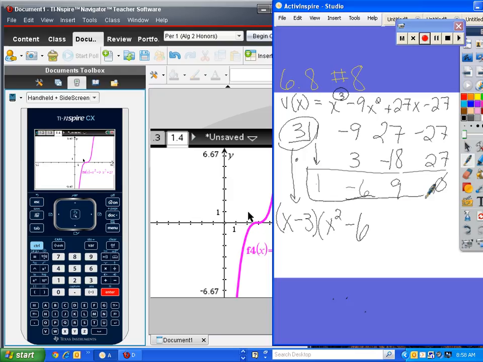This was what we got for our answer. So we did the synthetic division already, and this was our answer. So we reduce our exponent by a factor of 1, and these are the numbers in front of our variables. So I've got 1x squared minus 6x plus 9.